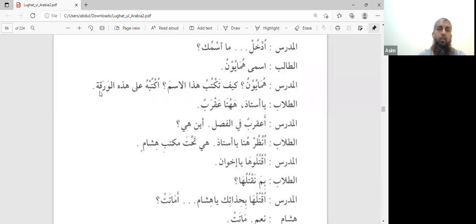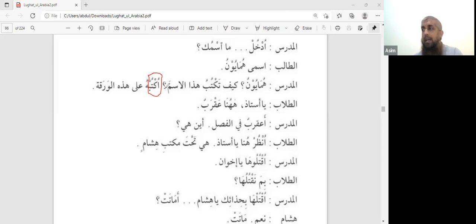The word ورقة is page. So اكتبه, look at this word here. It's broken up into two parts. The first part is the command form, uktub.